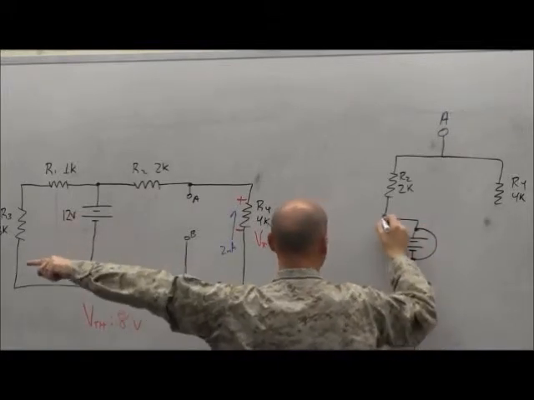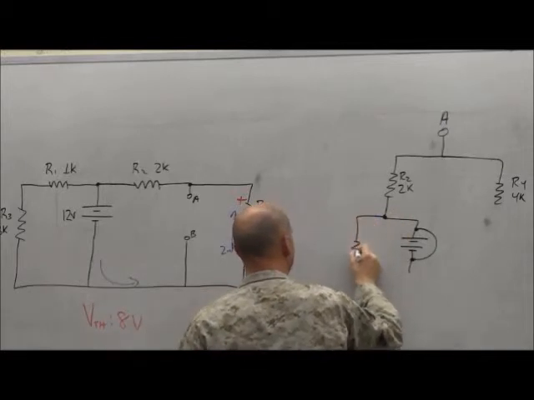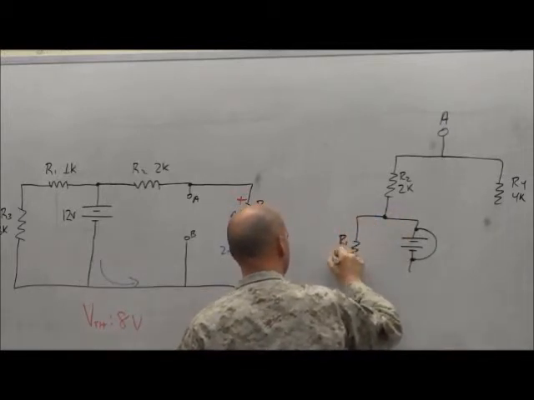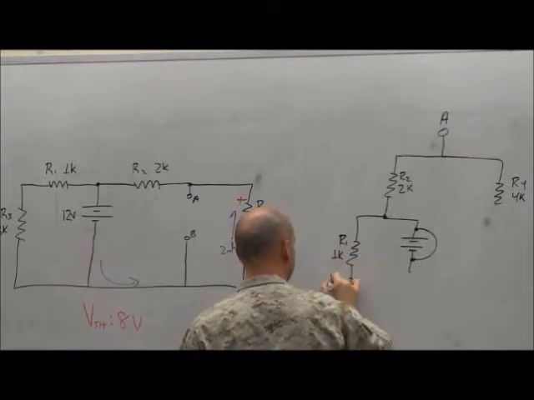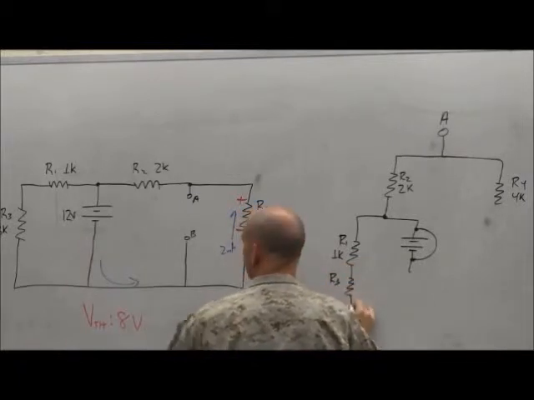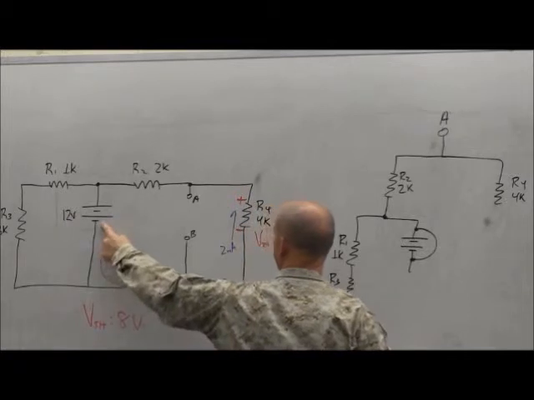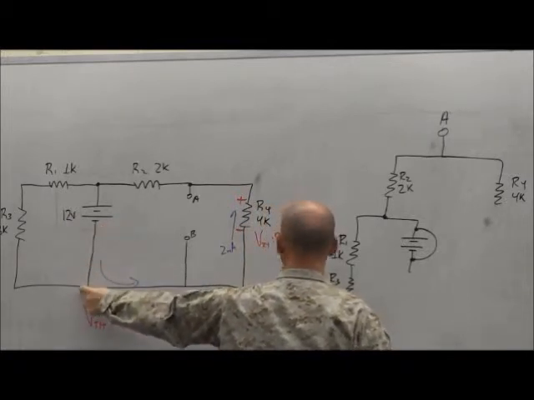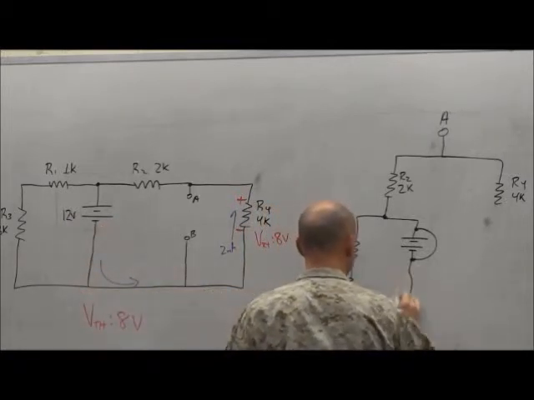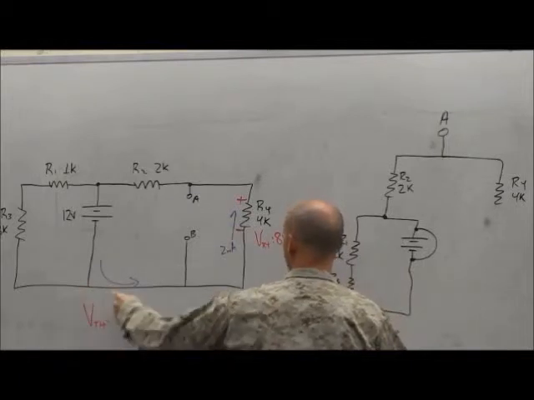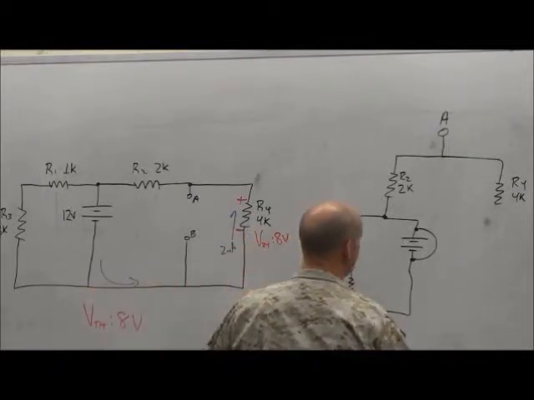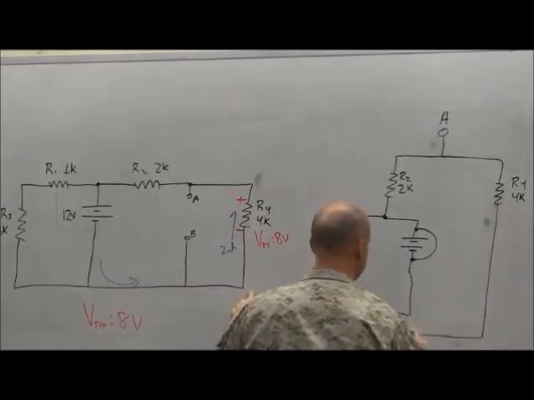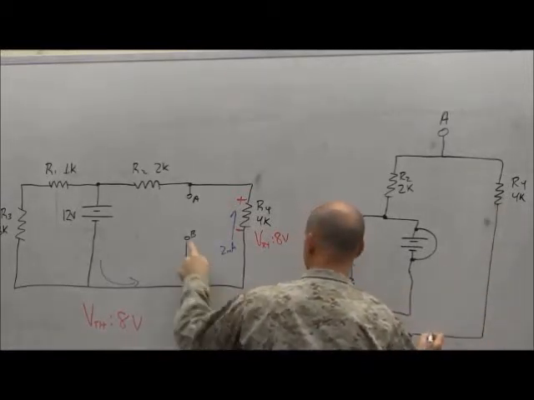We continue left on the node, we hit R1. Then we hit the top of R3. Then back down to this node, we hit the negative terminal on the source and the bottom of R3 marry up together. At that node, and then this node and the bottom of R4 marry up together. And then back to B.